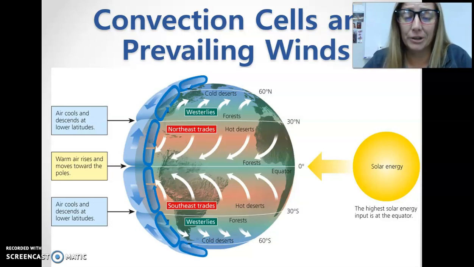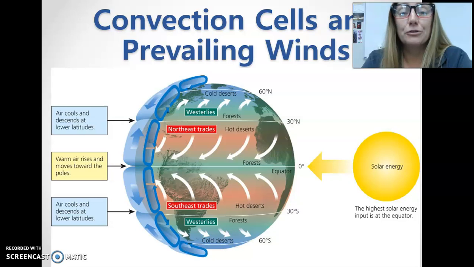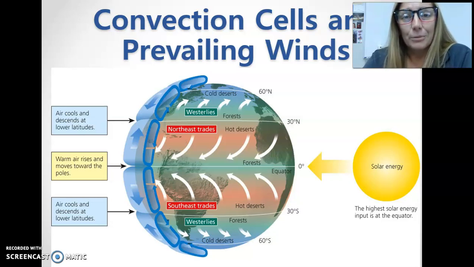And because it's cooler and drier, it sinks at 30 degrees north and 30 degrees south. And you will find a lot of your dry desert regions on Earth are located around 30 degrees north and 30 degrees south because you've got that dry air sinking. So that's the Hadley cell.